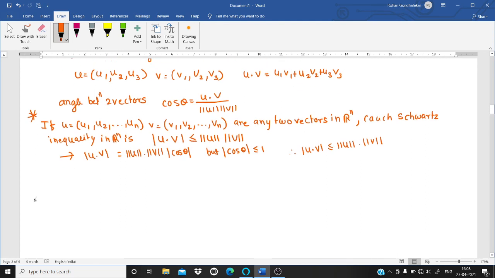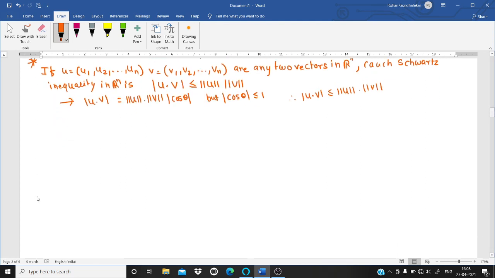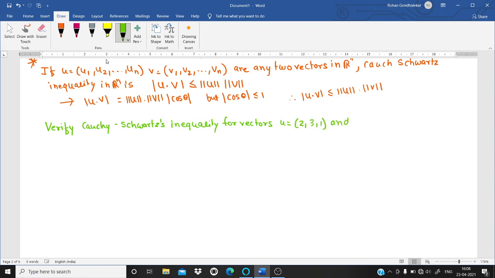The first vector is u = (2, 3, 1) and the other vector is v = (3, 0, 4), and also find the angle between them.